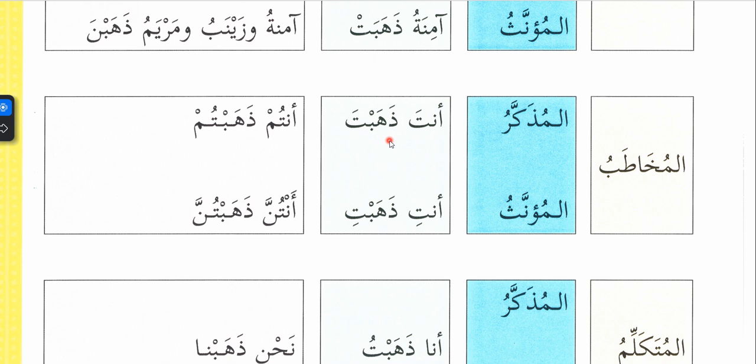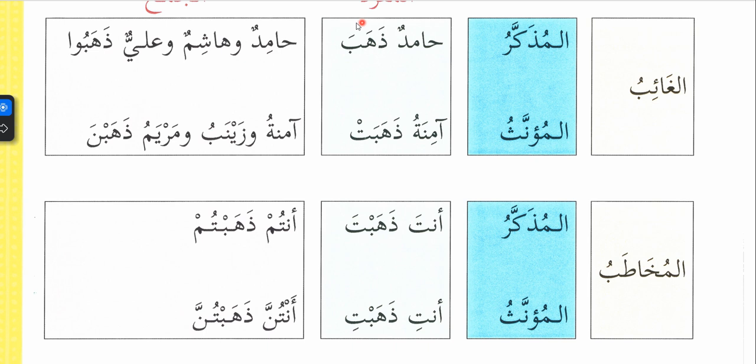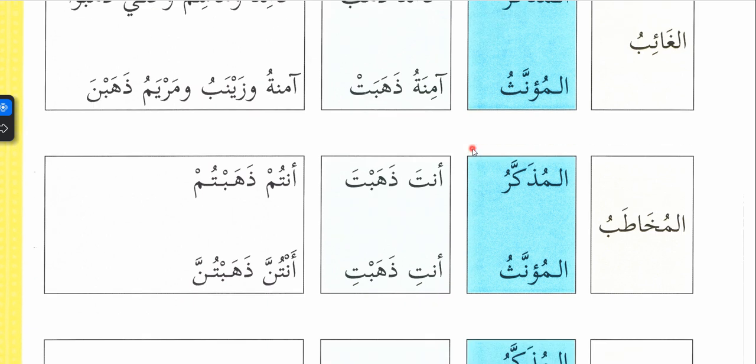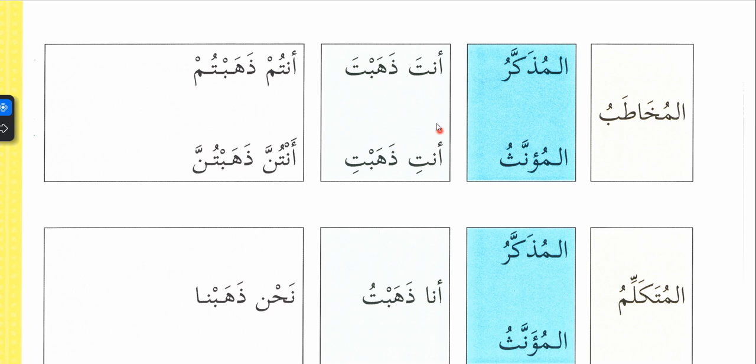Only in the ghaibs, we have a different structure. So you can see here, dhahaba, the original structure is used, and in mukhatib, we have another structure, dhahab, and it's attached with the ta. So we are borrowing the ta with fatha here, attaching it. Dhahabta, dhahabti for male and female singular. When we come to plural, dhahabtum.